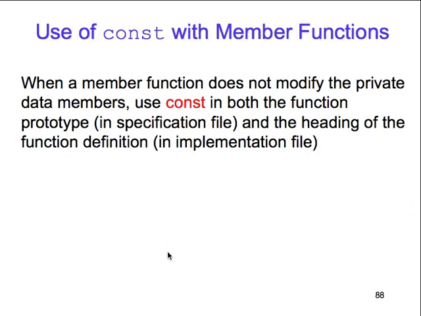And the use of the keyword constant here in terms of the member function, your formal definition of it is that it cannot be modified, so you use constant in both the function prototype and the specification, and in the header of the function declaration and the implementation. So it makes it so you can't modify it. So makes it constant.